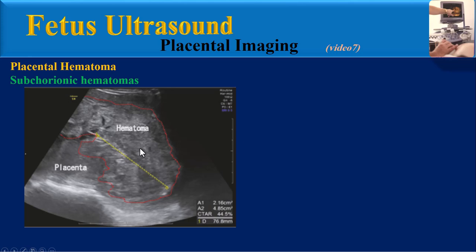Ultrasound examination revealed a large placental mass with mixed high and low echogenicity measuring approximately 7.5 cm in thickness. The range of presumed hematoma is indicated by the dotted lines.